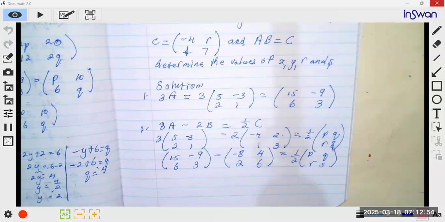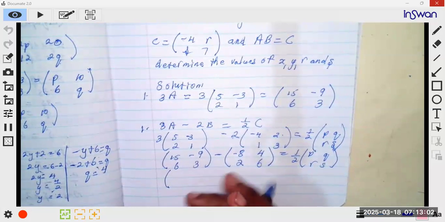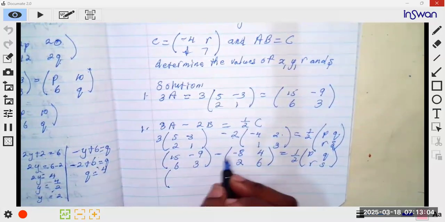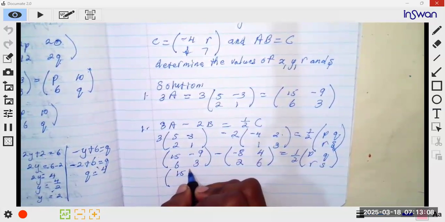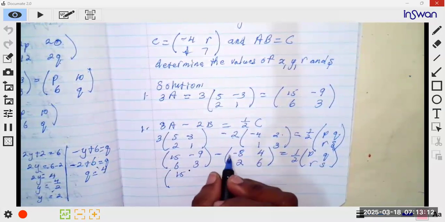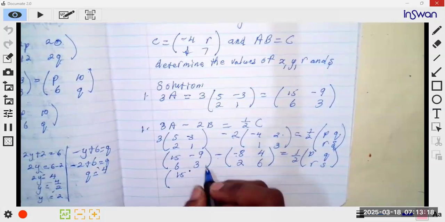So let's go on. Let's solve. So this will be 15 minus negative 8. Negative and negative is positive, that'll be 23.